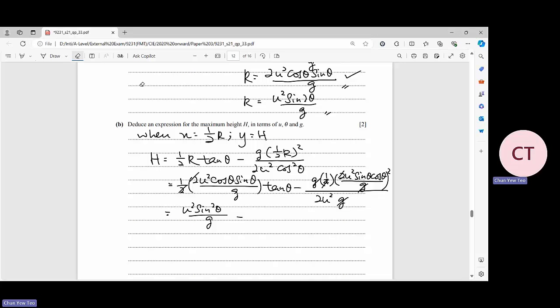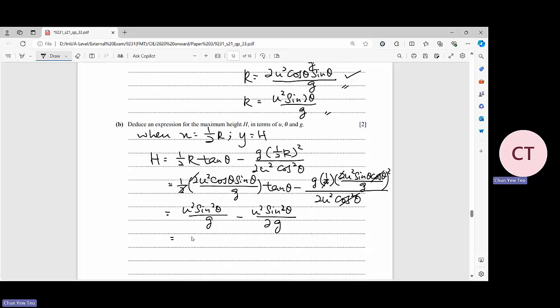Okay, this one is no g, 2u cos square theta. This one is cos square theta. Make a mistake. So this one better don't cancel first. So this one is a cos square theta, so cos square theta later can cancel. So at the end, you will get this one as the u square sine square theta over the 2g if you simplify them.